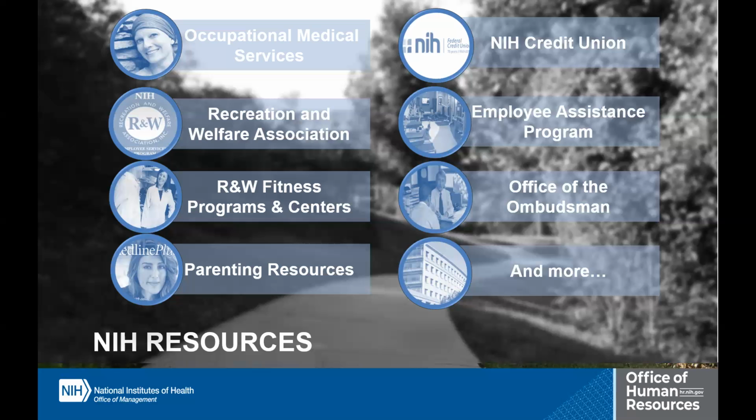Their office is located in Building 10, Room 6C306, or you can contact them by phone at 301-496-4411. OMS also provides on-call emergency care. The on-call OMS healthcare provider can be contacted by calling the NIH page operator at 301-496-1211.